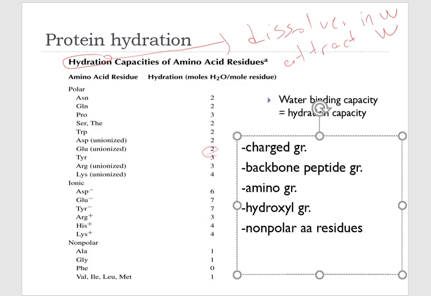So this water binding capacity is also sometimes called hydration capacities. And these hydration capacities of various polar and non-polar groups of proteins are given in this table. For example, amino acid residues with charged groups bind about 6 moles of water per residue.